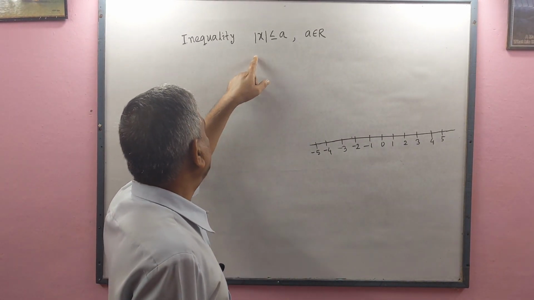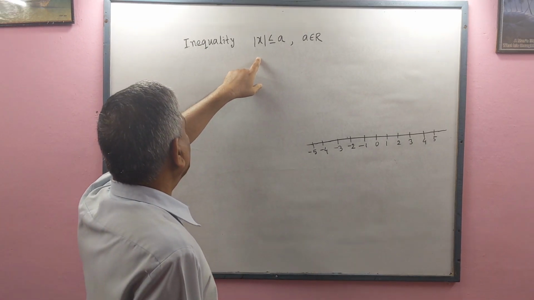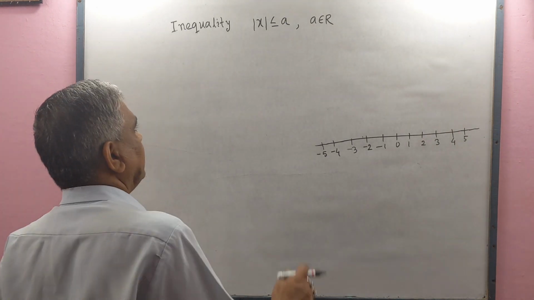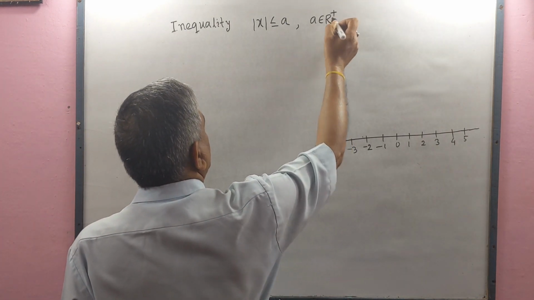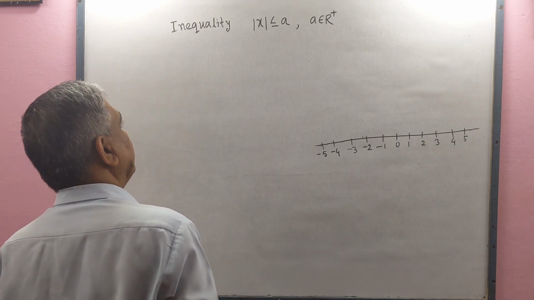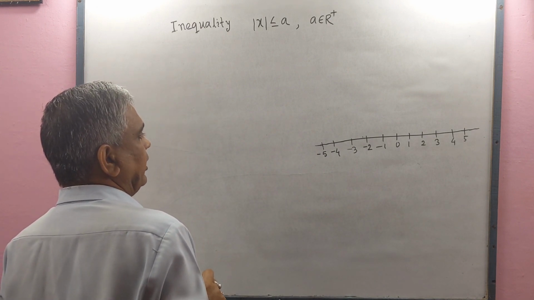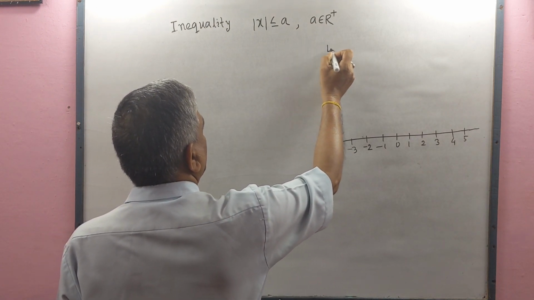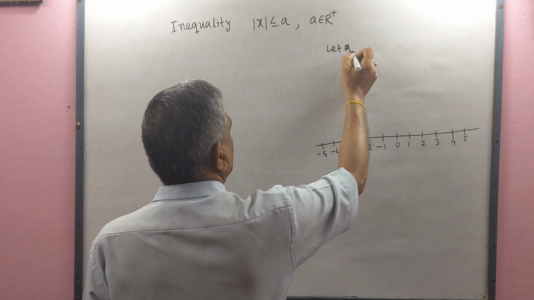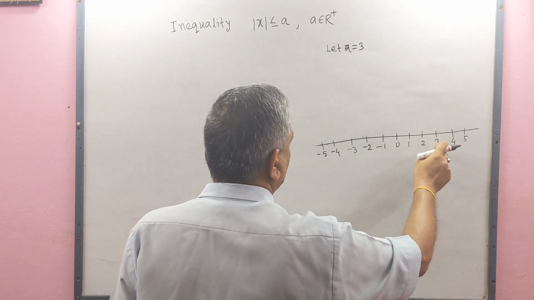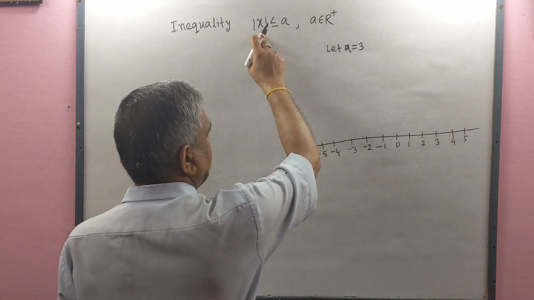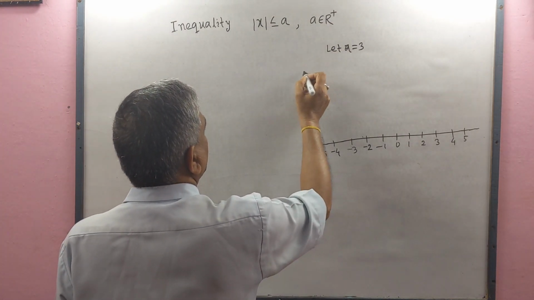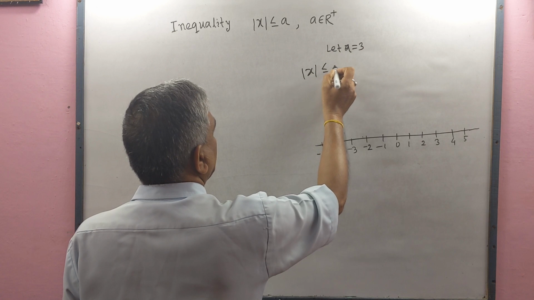Now we find the range in the inequality modulus of x less than or equal to a, where a belongs to the non-negative real numbers. Let a equal to 3. So modulus of x less than or equal to 3.